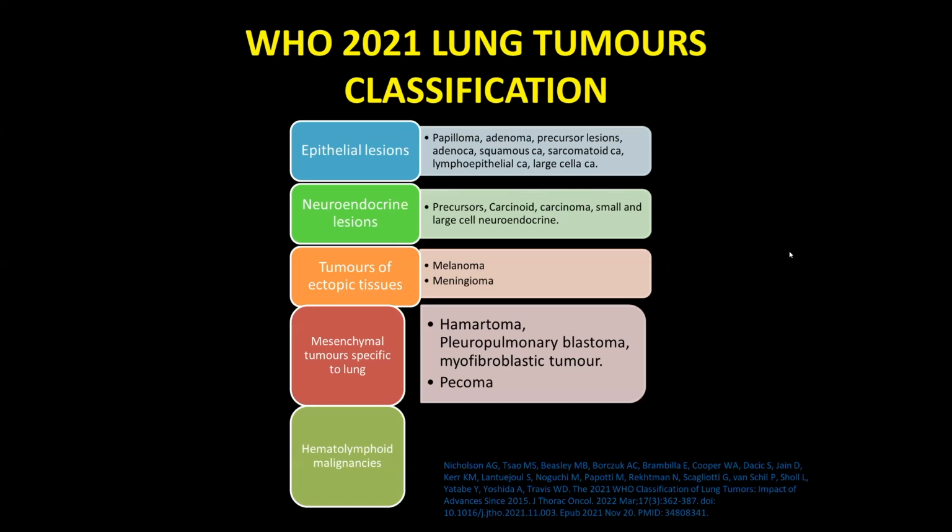Tumors from ectopic tissues are very, very rarely seen. We were just today discussing how rare these are in lung. Then mesenchymal tumors do occur more commonly than these ectopic tumors. The common ones that we see are hamartoma, the myofibroblastic tumors, and the pleuropulmonary blastoma, especially in children. Children have more of these mesenchymal tumors.